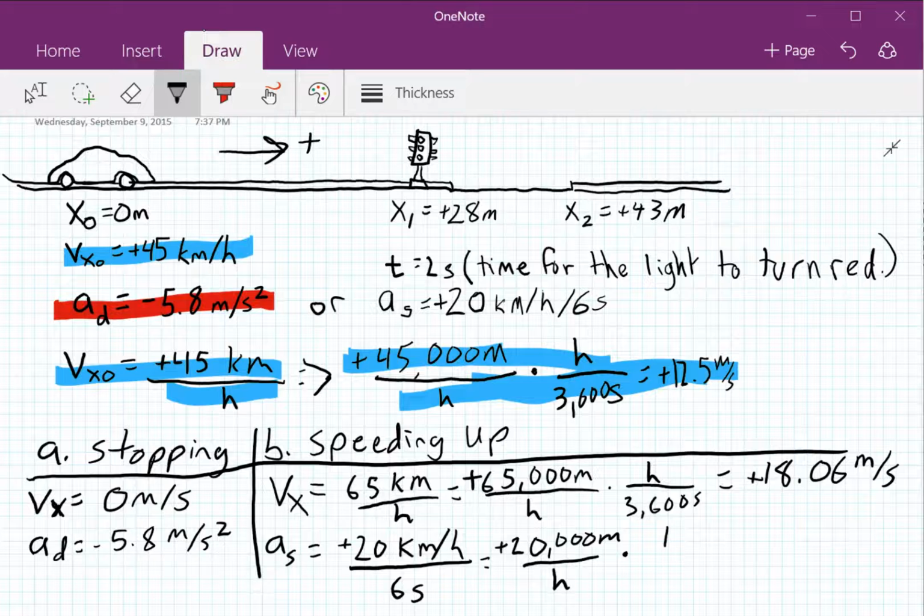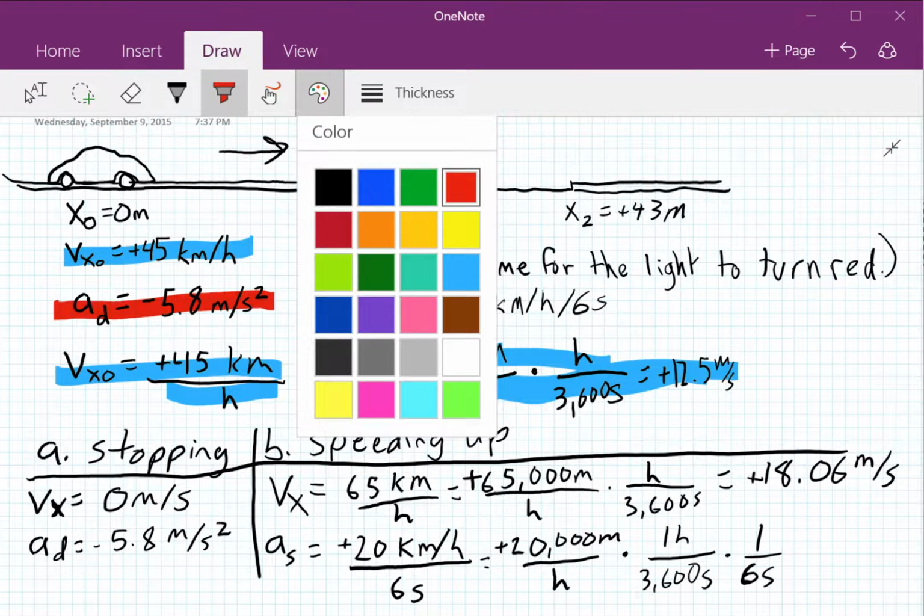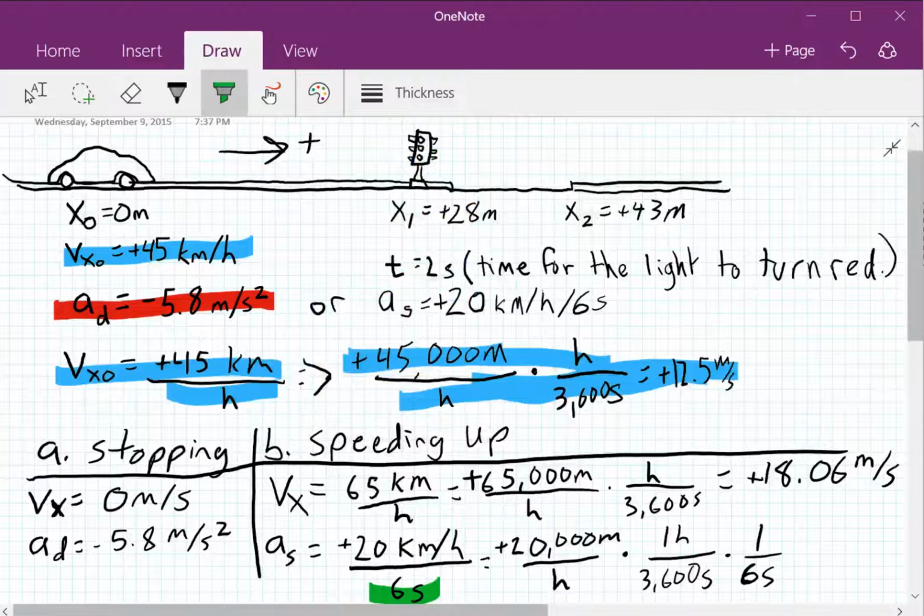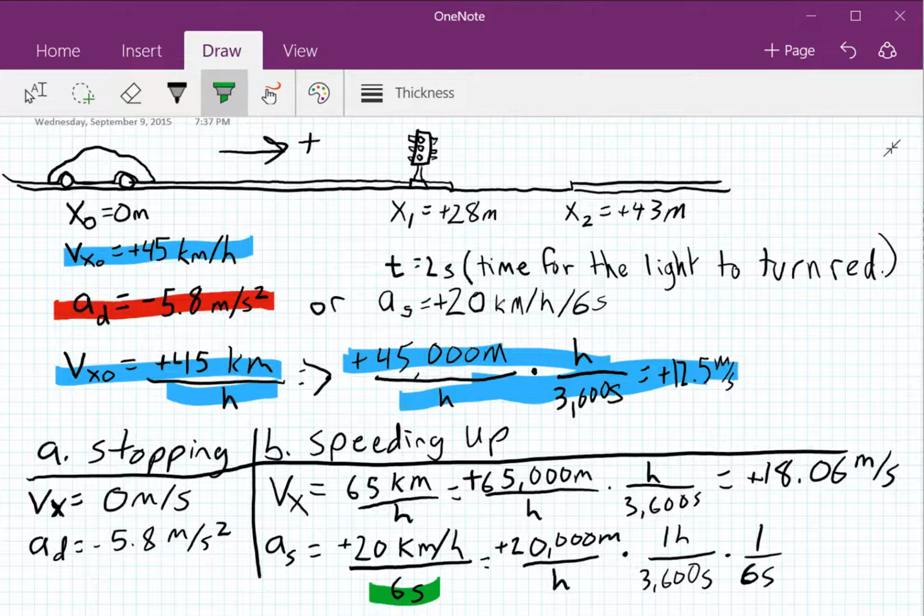Now this 1 over 6 seconds comes from this right here. Okay, so the middle section was the conversion like normal, and then I add an additional 6 on the bottom from what was already given in the value. Now that would be 20,000 divided by 3,600 times 6. Okay, remember you have to multiply the 3,600 by 6. When you divide, it's not multiplying the other section.